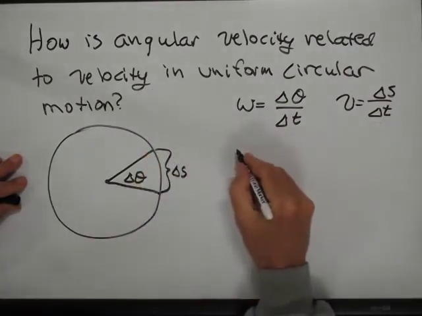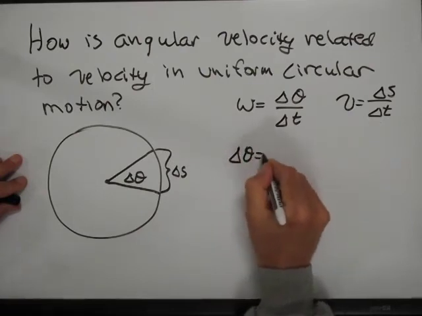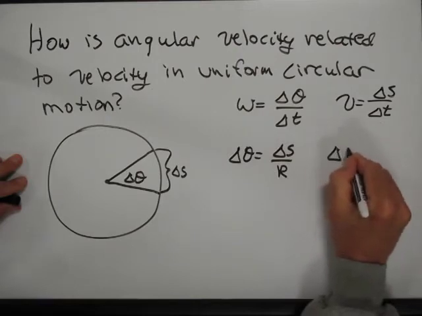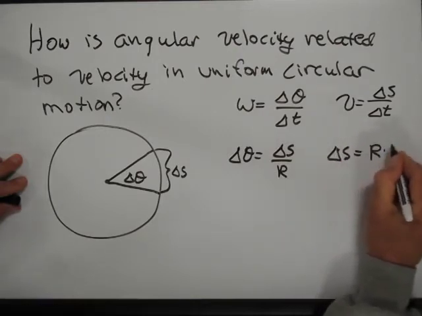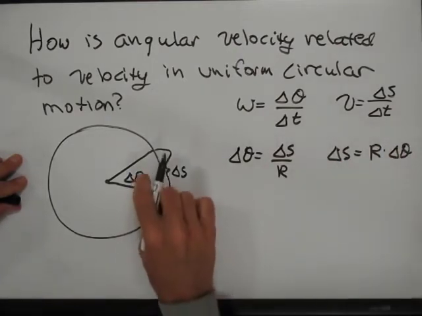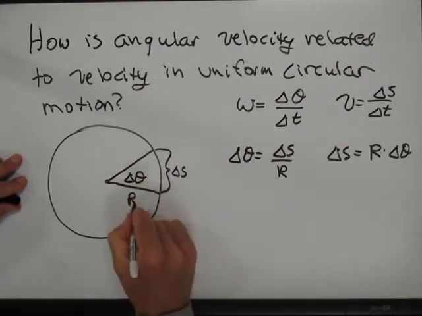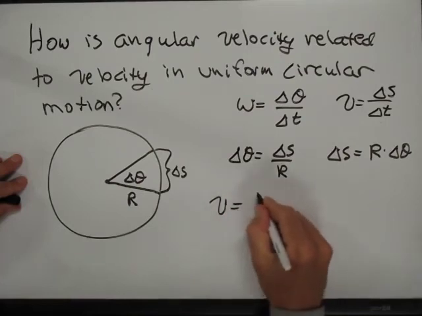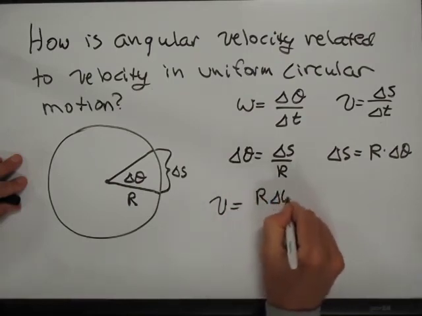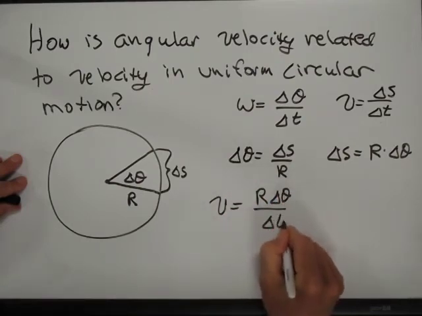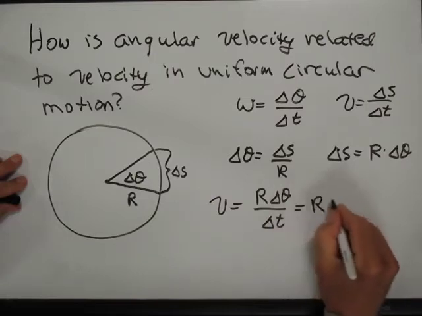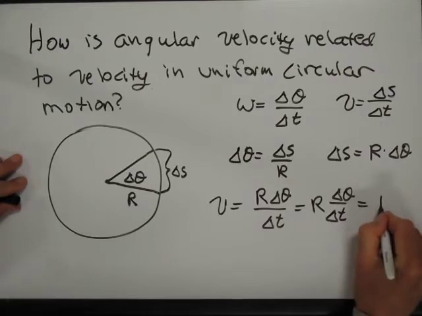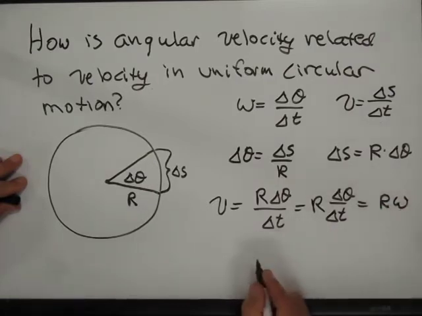We already said that delta theta is equal to delta S divided by R. And so that means delta S is equal to R times delta theta. So if I know the angle, I can multiply it by the radius and get the arc length. And that means the velocity is equal to R times delta theta over delta t, which is R times omega.